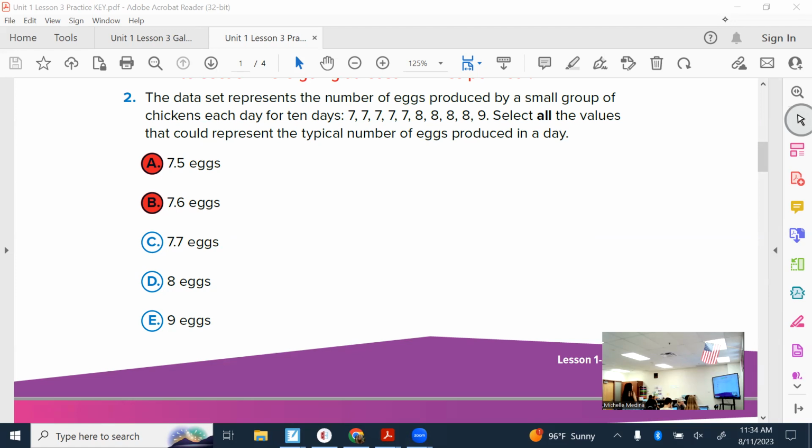So the data set represents the number of eggs produced by a small group of chickens each day for 10 days. Select all the values that could represent a typical number of eggs produced in a day. So when we talk about typical, what type of measurements, statistics are we finding?